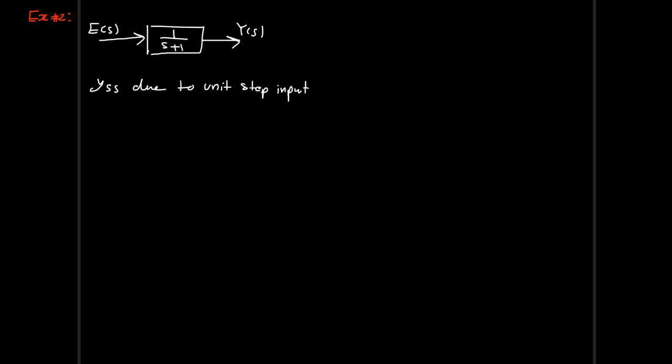So simply we know that for unit step input, Y of s will equal 1 over (s plus 1) multiplied by 1 over s, which is the unit step.